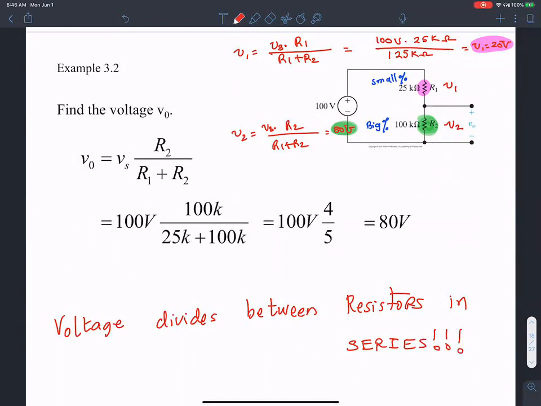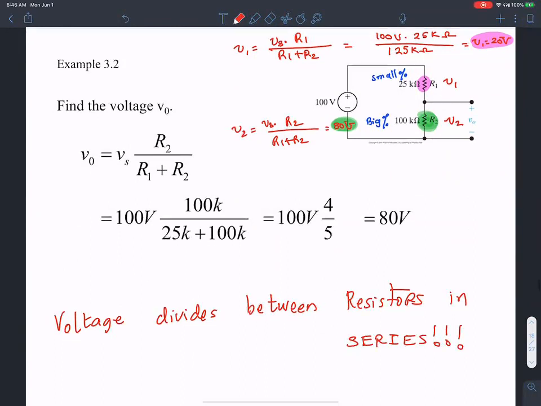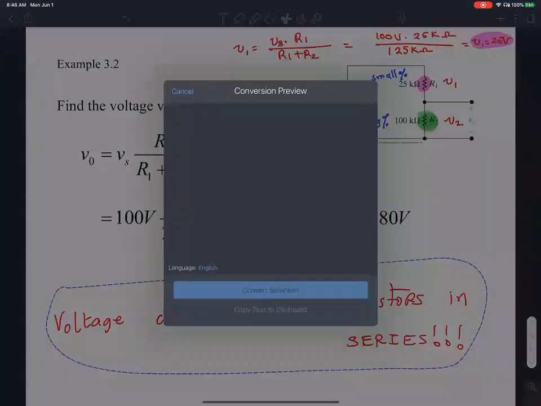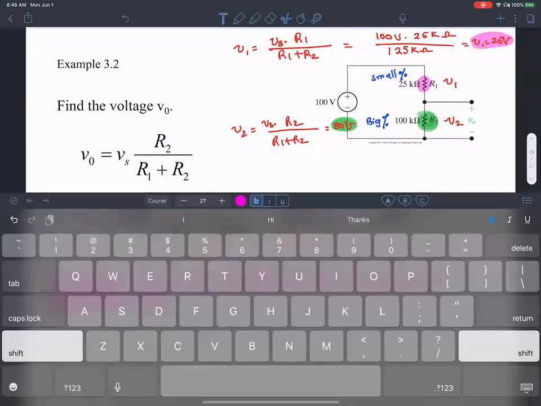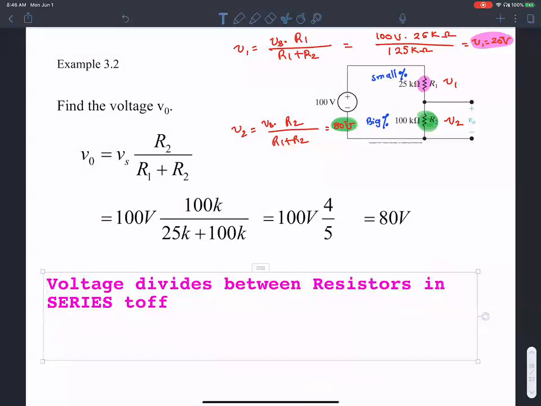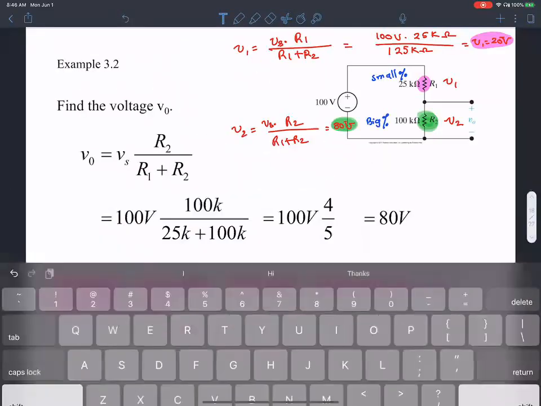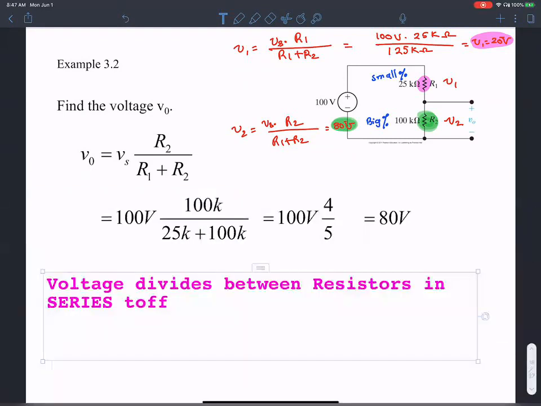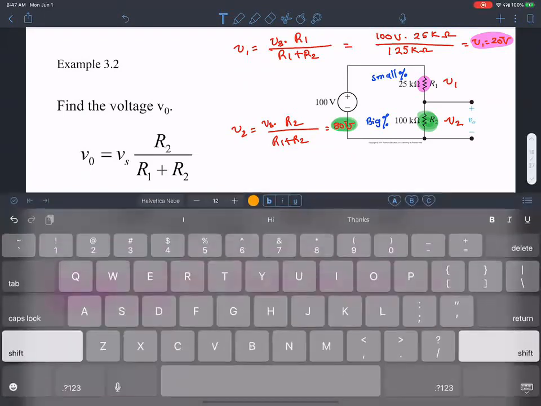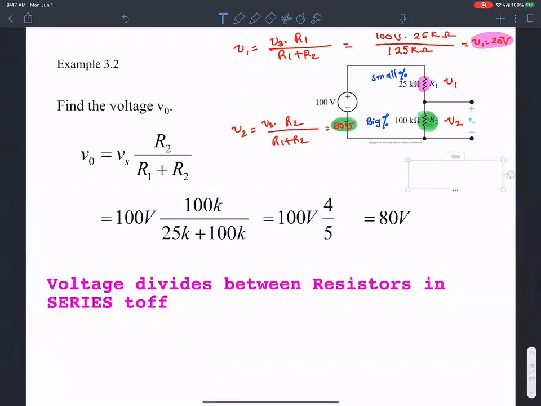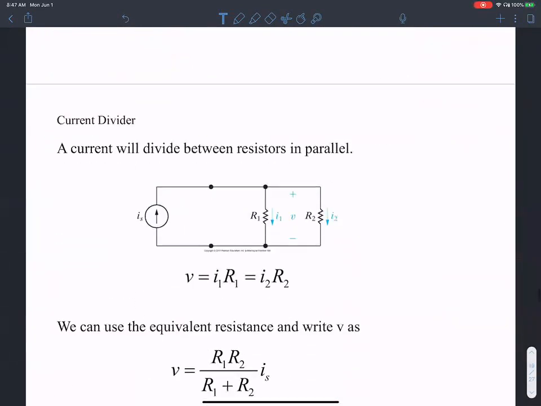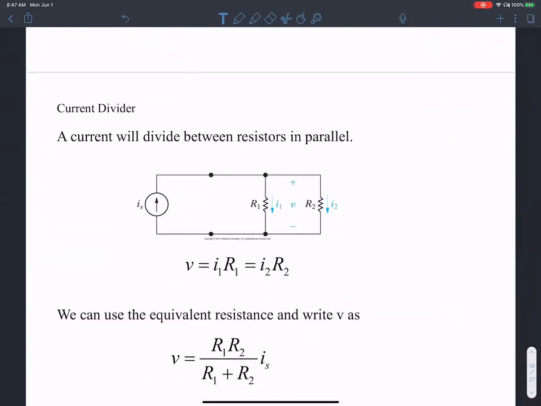Voltage divides between resistors in series. Now the opposite is true for currents.